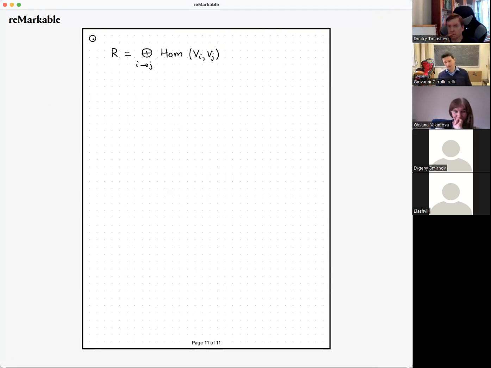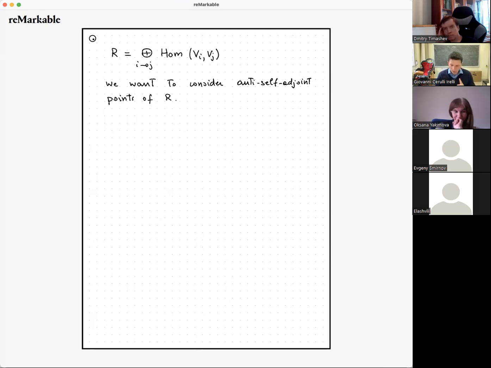But we want to consider a subvariety. We want to consider anti-self-adjoint points of R. So we want something that lies in the Lie algebra of this isotropy group.